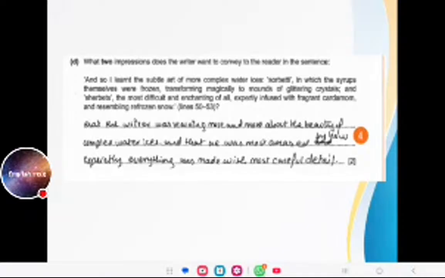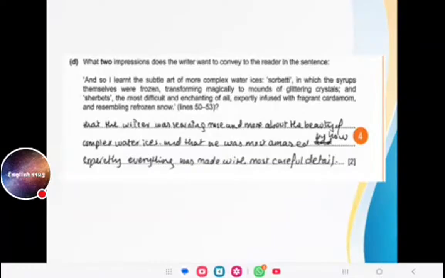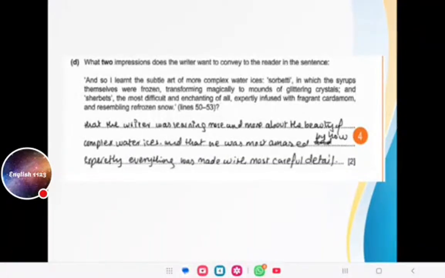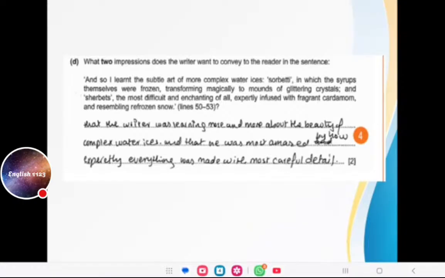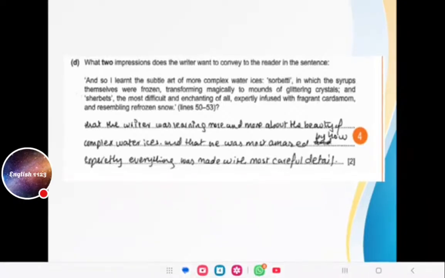He was learning new things daily, and that is clearly written in the first line: "So I learned the subtle art of more complex water ices." Then after that he writes "the most difficult and enchanting, expertly infused with cardamom and resembling..." If you read the mark scheme, you will find that all these impressions are available there. You can just take them out.